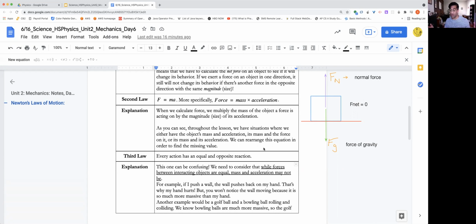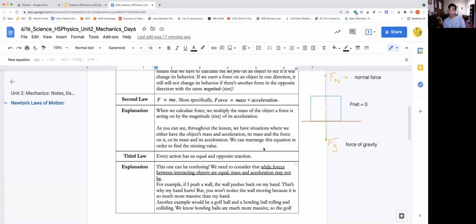Likewise, if I had a golf ball and a bowling ball and they rolled towards each other and then bounced off, the bowling ball is so much more massive than the golf ball. So what you might see is that they're exerting equal forces in opposite directions on each other, but the golf ball is going to accelerate away much more dramatically because of the bowling ball's much greater mass.